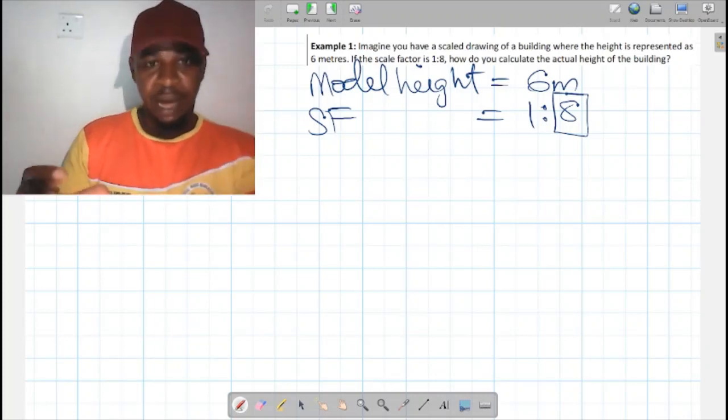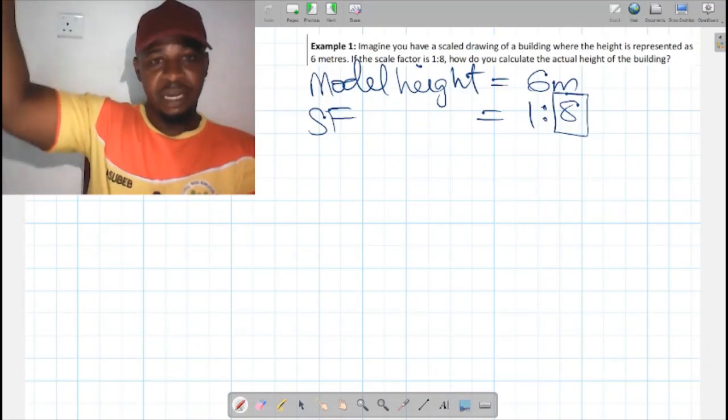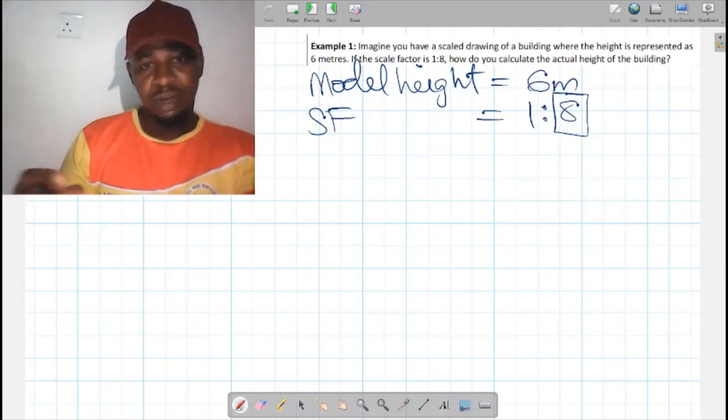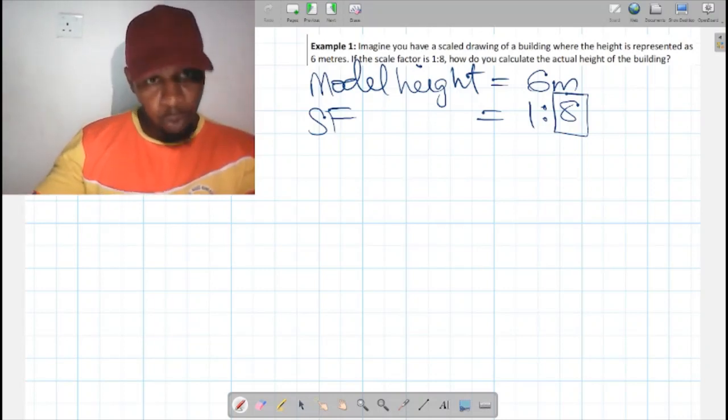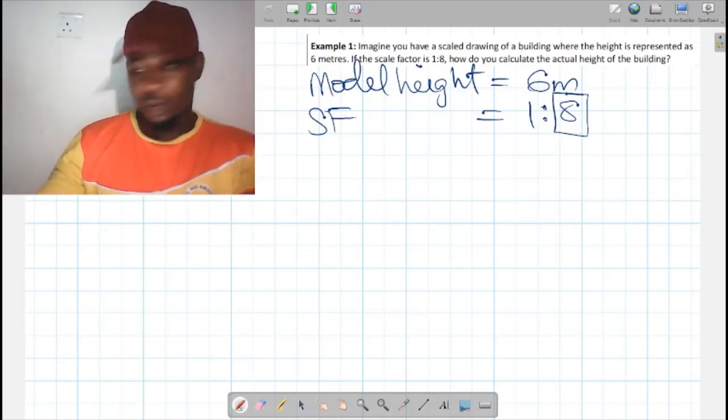Since we know the paper height, the real height, will it be greater or less? Well, the real height of the building would not be able to fit on the paper. It has to be greater. And since it is greater, that means that the model height has to increase. By what? By the scale factor. And we have the scale factor here as 8.